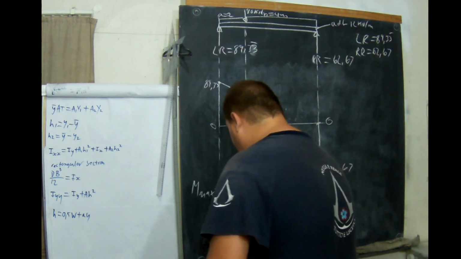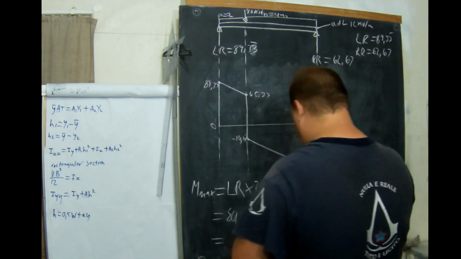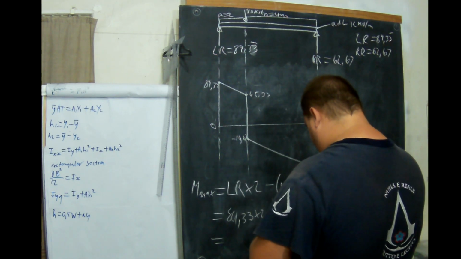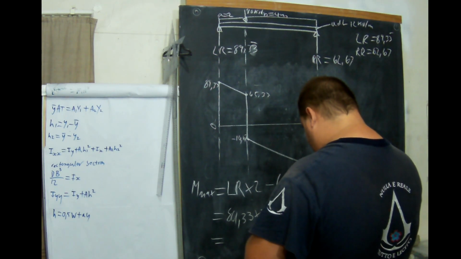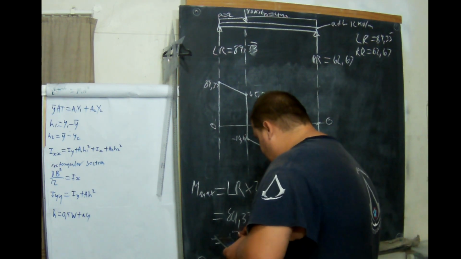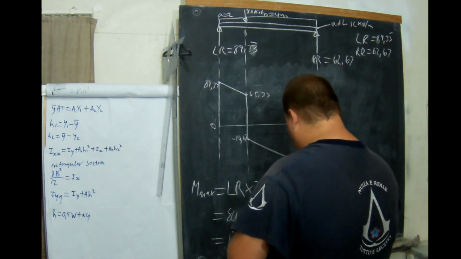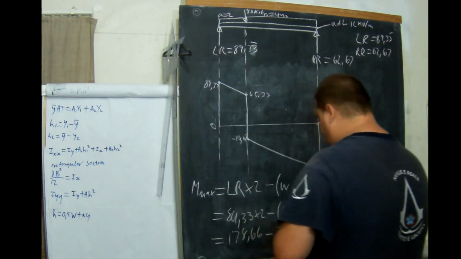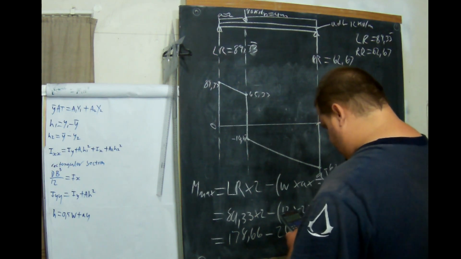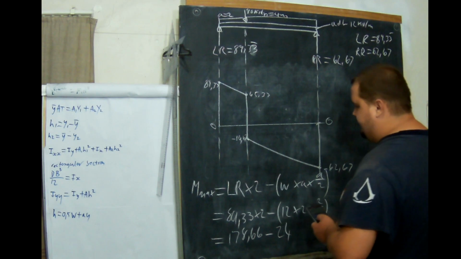So equals 89.33 times 2 equals 178.66 minus 24. And that gives us 154.66.